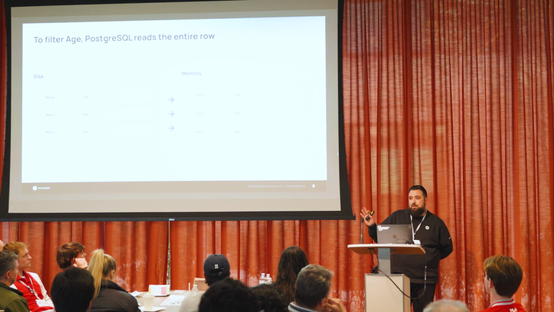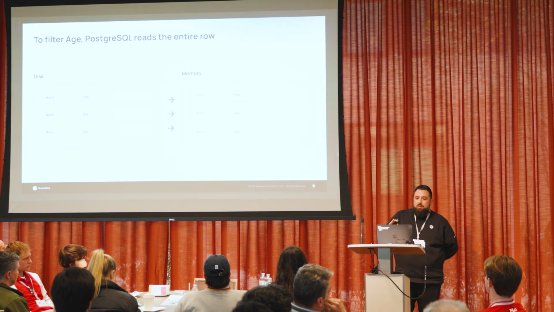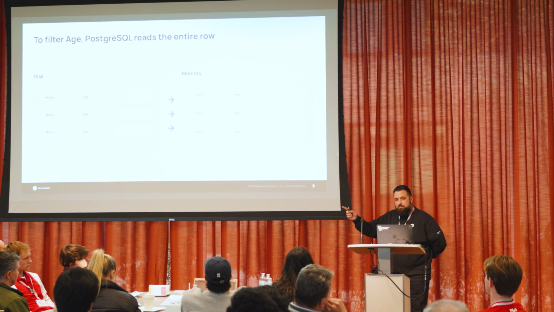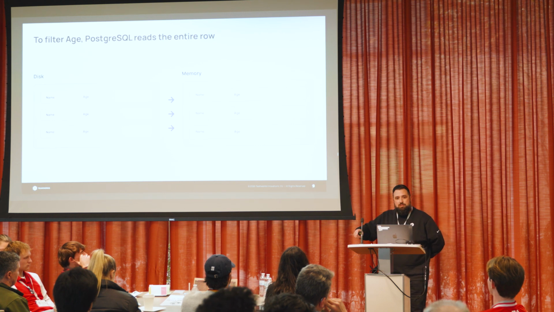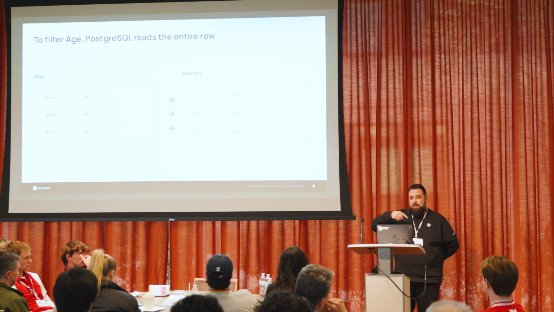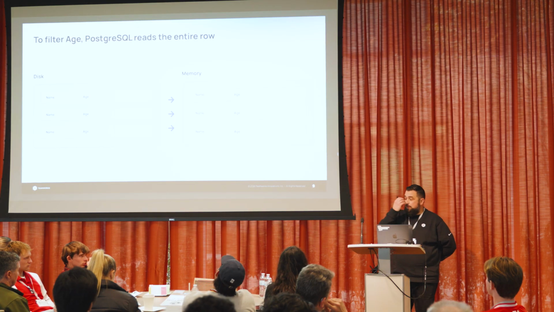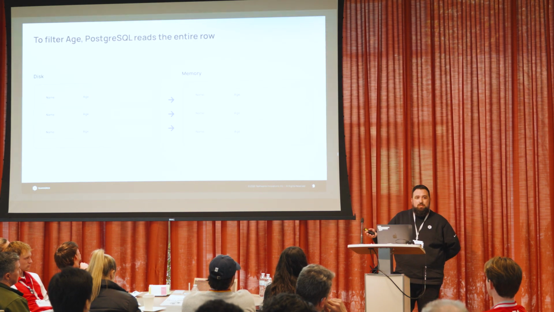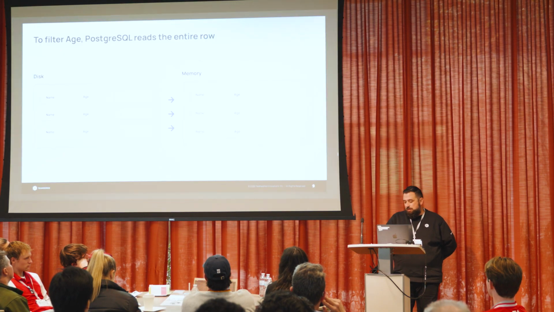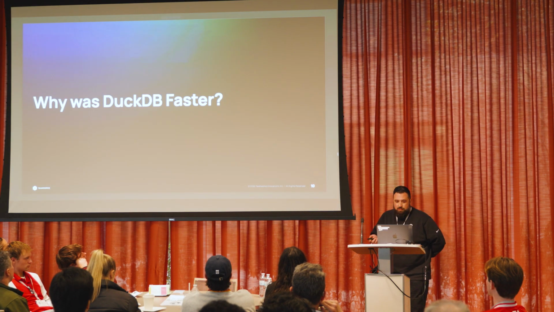So if we want to filter on age, like we want players under 20 or something, what we have to do is read one row, and then it picks out the age value and compares it to the filter, reads the next row, does the same thing. So it has to read the entire row just to get the one value out. So in a table that's 300 columns, that's 300 times more work than it actually needs to do. And that's just because of how Postgres is designed.